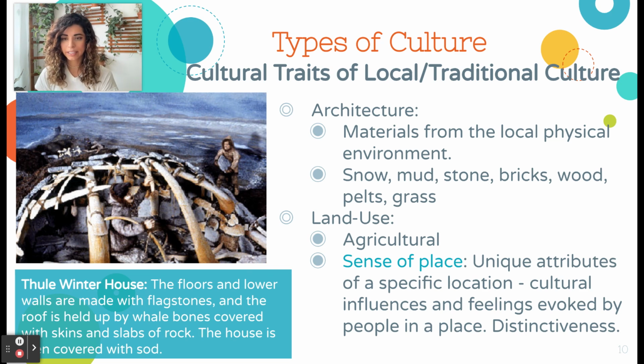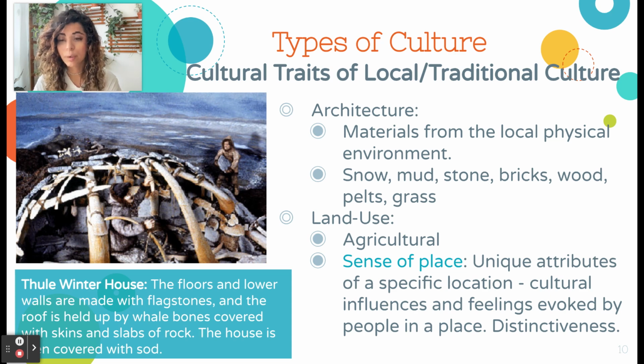In this example, if you look at this image, we see a tall winter house. This is located in a more remote region of Canada. And this Inuit tribe uses what is available to them for their architecture. So we see floors and lower walls made with flagstones, which are available in that area.